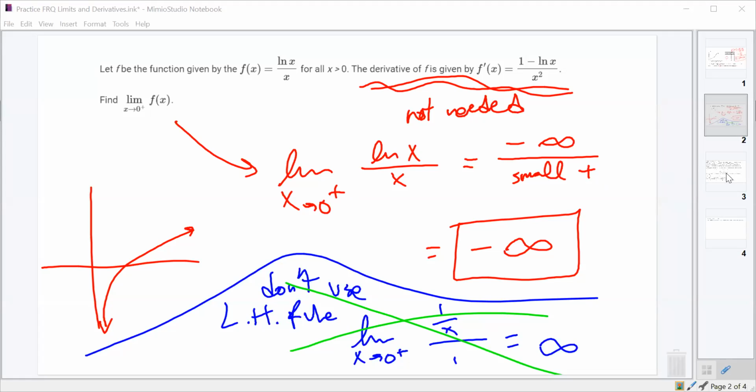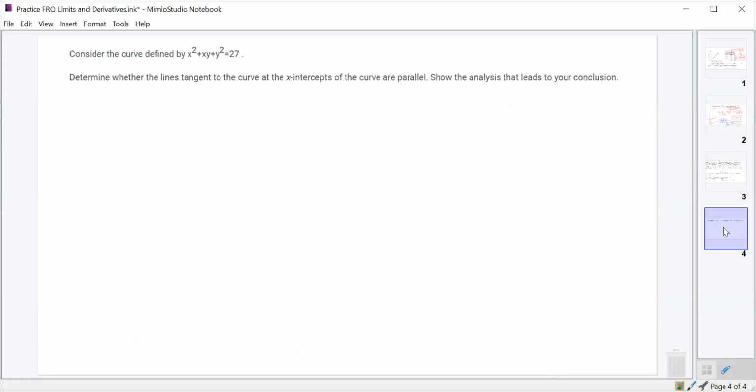All right, let's see here. Let's do this one next. I'm going to go slightly out of order. I'm going to skip to page 4 because the third one's going to take a lot longer. So we'll do this one next. So we've got an implicitly defined equation here. X squared plus xy plus y squared equals 27.